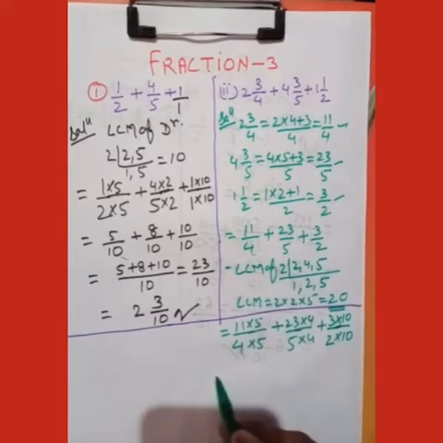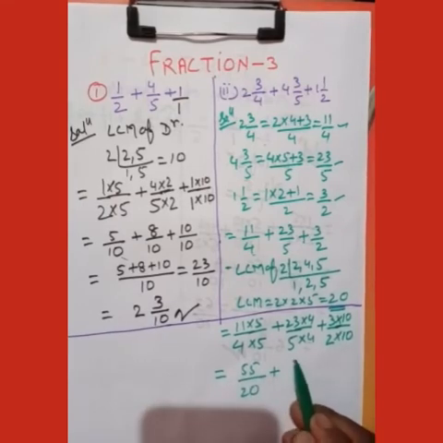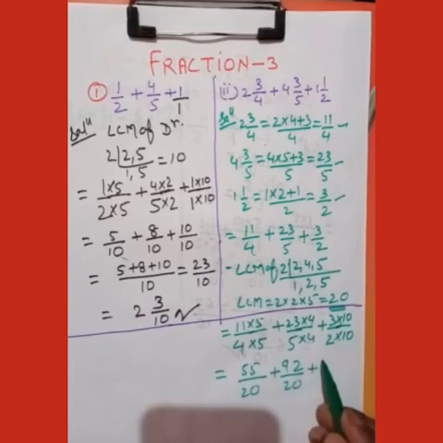Now see here, 55 upon 20, 92 upon 20, plus 30 upon 20.